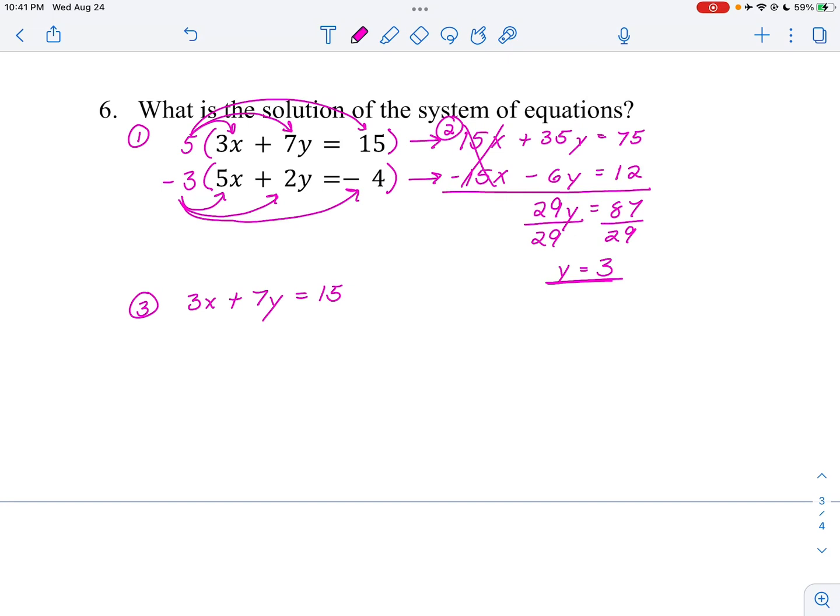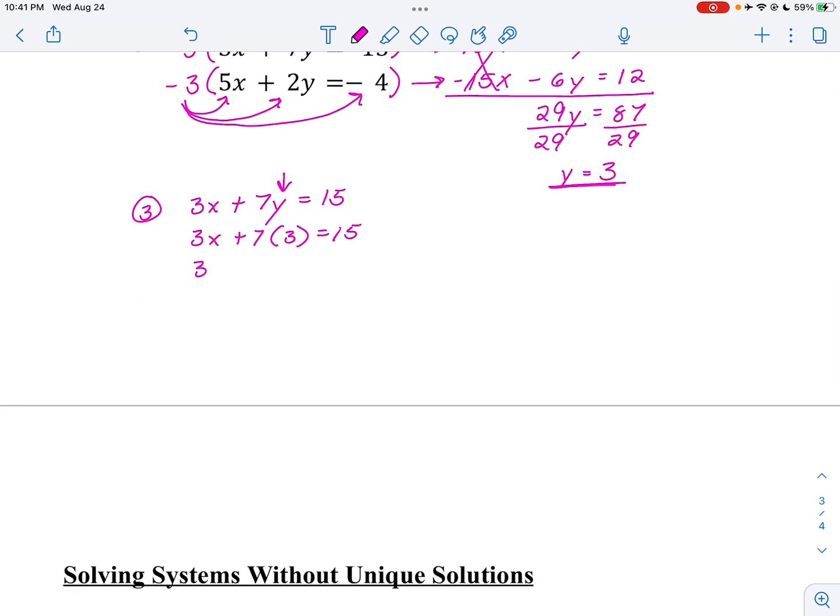Now remember, this 3 is y. So I need to take it and plug it in here for y. So that gives me 3x plus 7 times 3 equals 15. So then 3x plus 21 equals 15. Now I can start solving.